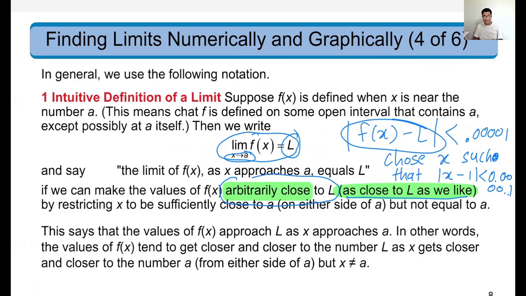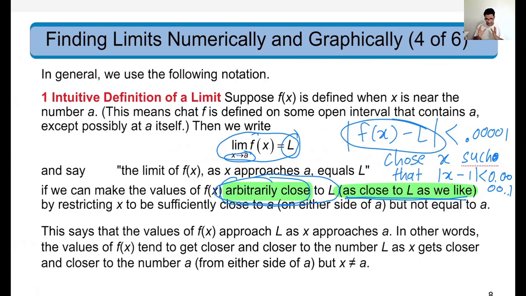If we can do that indefinitely, that is what is meant by as close as we like, or arbitrarily close. Then you say the limit exists, and that number L is the limit. So this is the intuitive definition of limit.